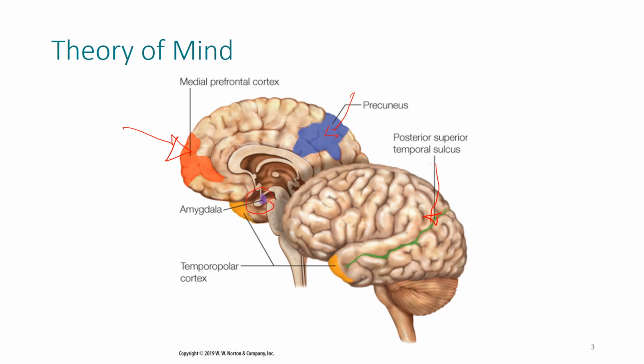This is the amygdala, and this is the temporopolar cortex. The attribution of beliefs is located in the right hemisphere's temporal parietal junction.